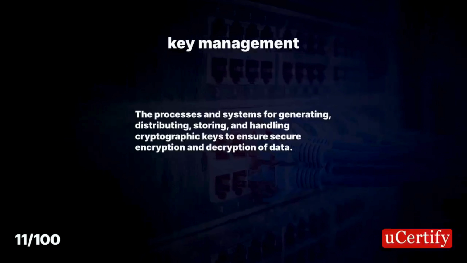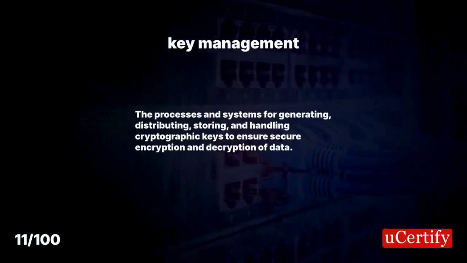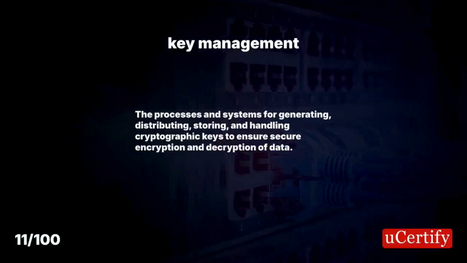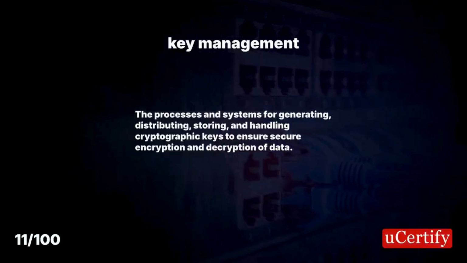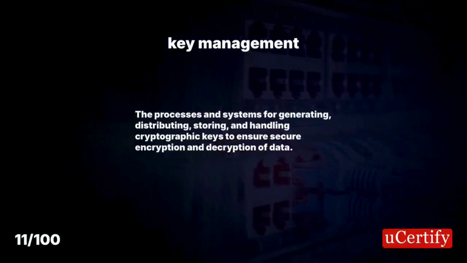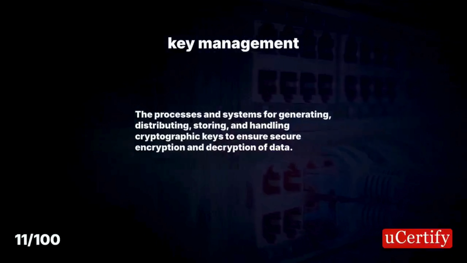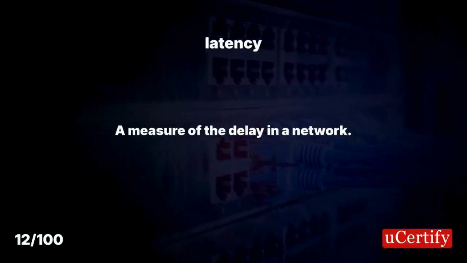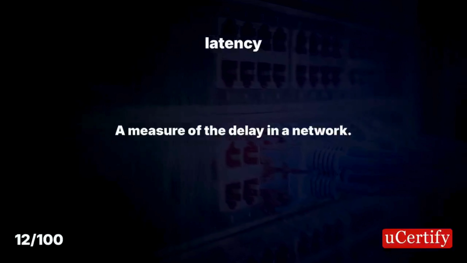Term: key management. Definition: the processes and systems for generating, distributing, storing, and handling cryptographic keys to ensure secure encryption and decryption of data. Term: latency. Definition: a measure of the delay in a network.